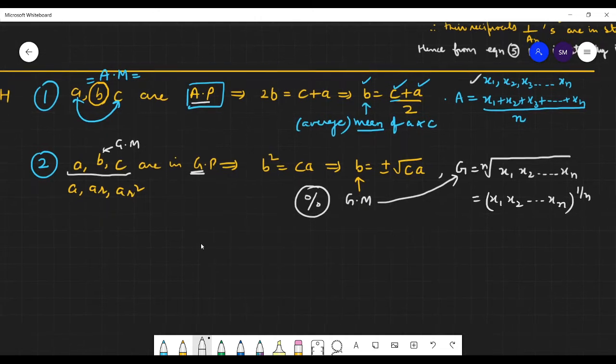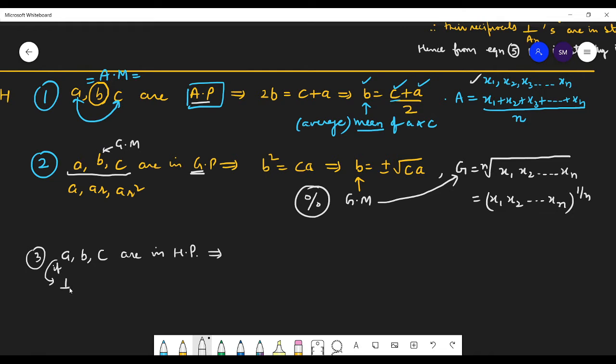Third, we have harmonic progression, like A, B, C are in HP. Students, please keep on writing along with me, keep on making your notes along with me, and just tell me, I can wait. What is the meaning of A, B, C being in harmonic progression?